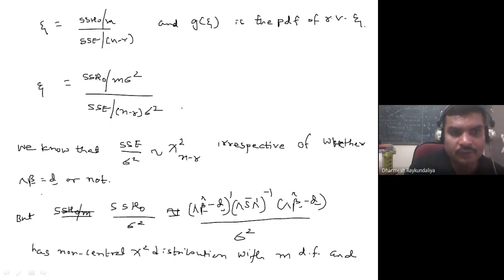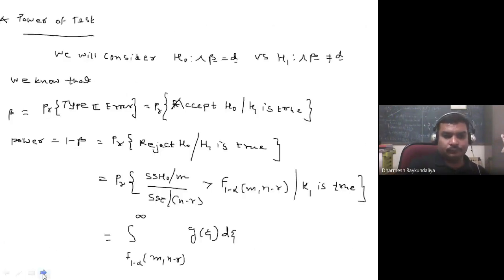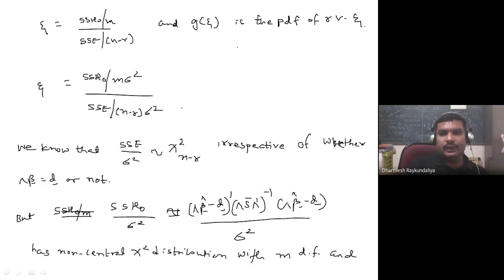Here xi is nothing but SSH0 upon m divided by SSE upon n minus r, and z of xi is the PDF of the random variable xi. If we divide numerator and denominator by sigma square, we get xi as this.